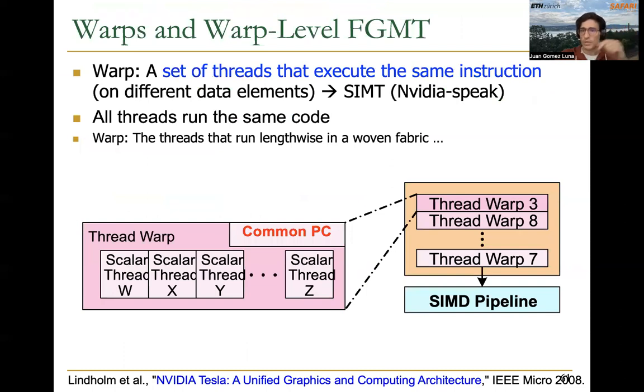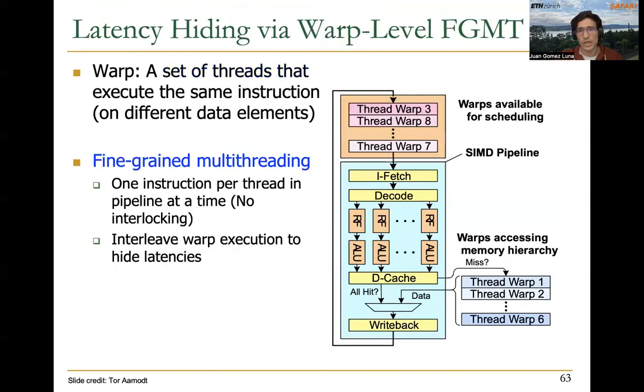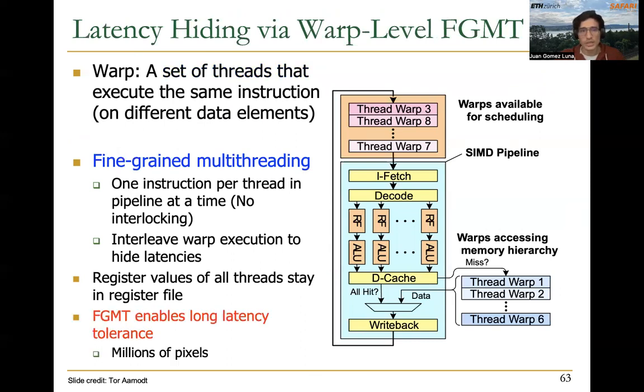In summary, a warp is a set of threads that execute the same instruction, and the instructions of these different warps are executed in an interleaved manner using the same pipeline. This technique is called fine-grained multithreading. It's used in CPUs as well, as you might know, and has the key advantage that it enables tolerating long latency operations, for example, accesses to the external off-chip memory.